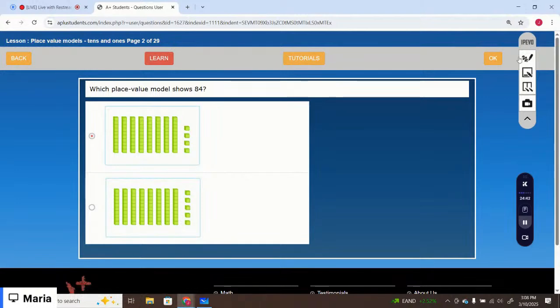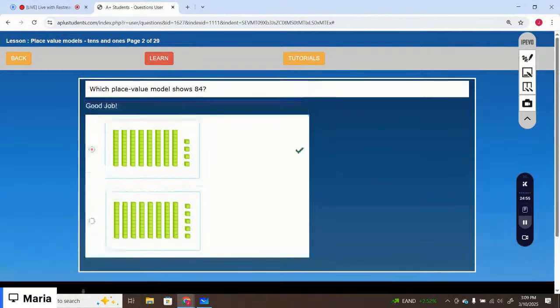Option number 1 is the correct option. 1, 2, 3, 4, 5, 6, 7, 8. 8 tens and 1, 2, 3, 4, 4 ones. So 8 tens and 4 ones makes 84. So option number 1 is the correct option.